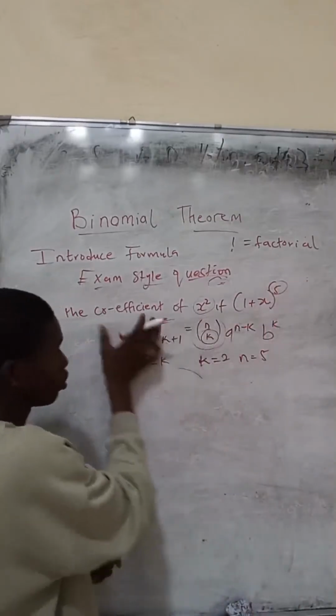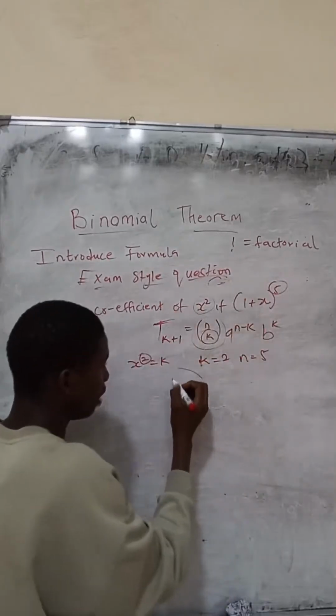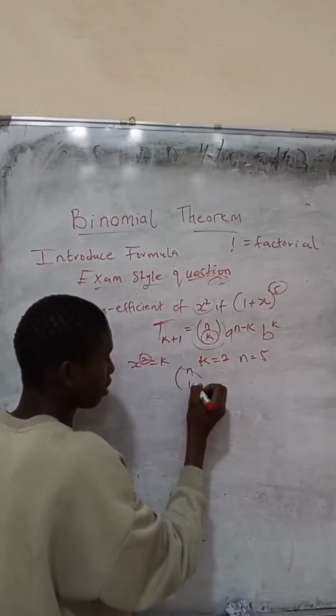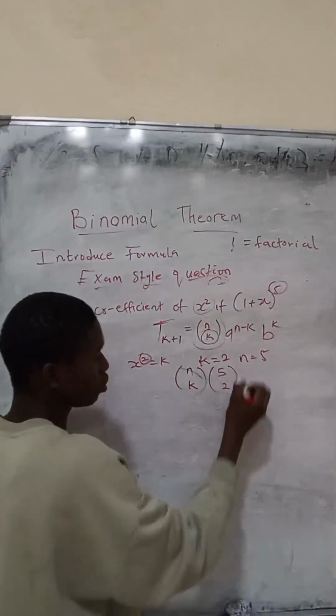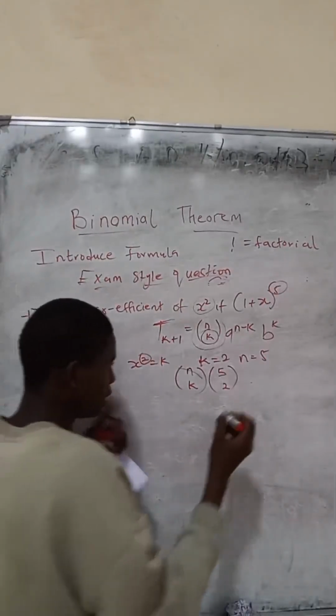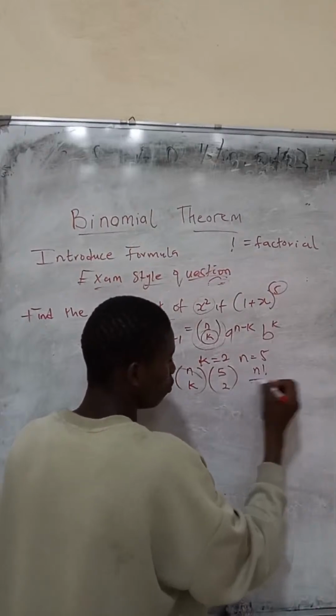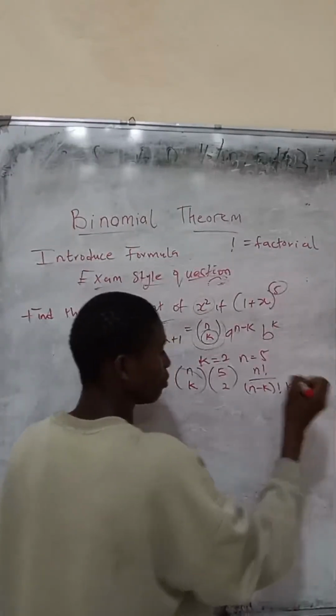Let's just compute this because I just have to find the coefficient, not the term. So we have our n and our k, which is going to give me n to be 5 and k to be 2. If I decide to compute this using our formula, if you remember the formula, it says n factorial over n minus k factorial times k factorial.